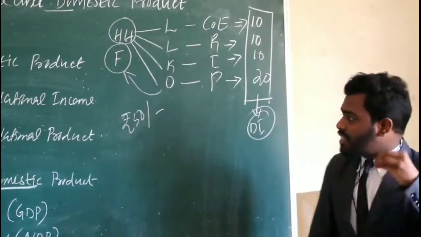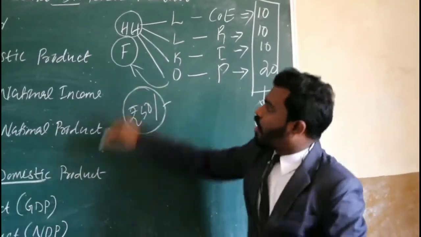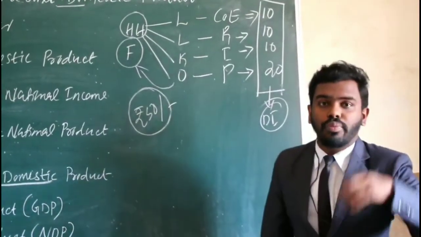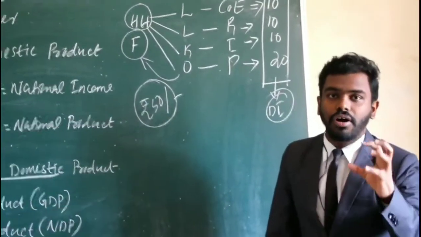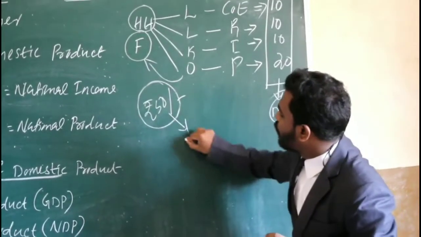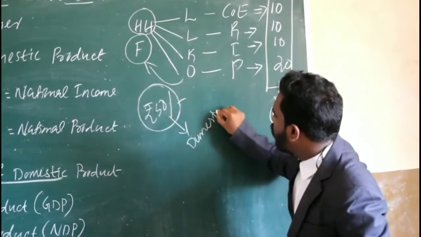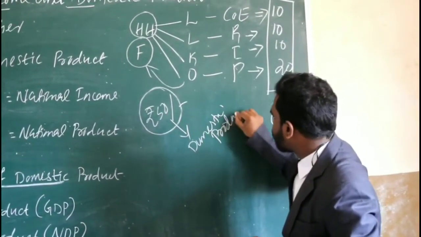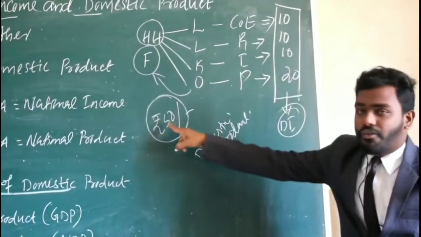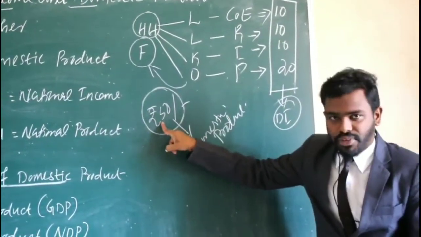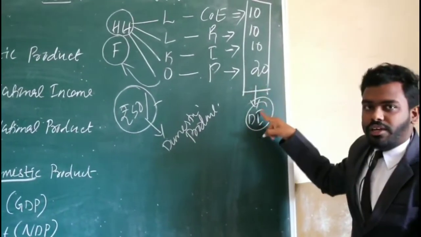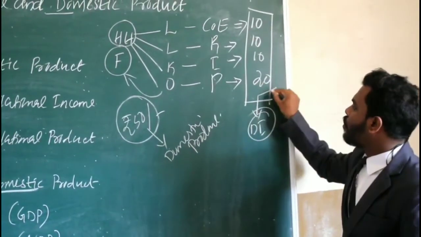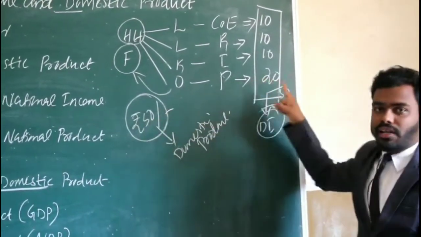At the same time, the value of output which is produced by the producing sector or firm is known as domestic product. Here the value of domestic product is 50 and the value of domestic income is also 50. So both are equal.